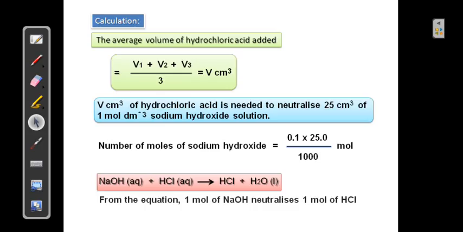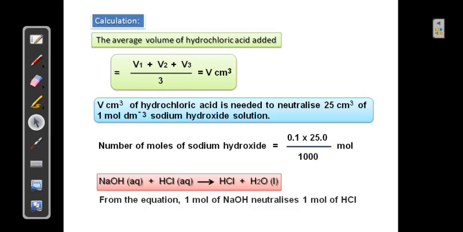So from the equation you will see that 1 mole of NaOH neutralizes 1 mole of HCl. It is straightforward, because 1 Na, 1 Cl, and then 1 H and 1 OH.